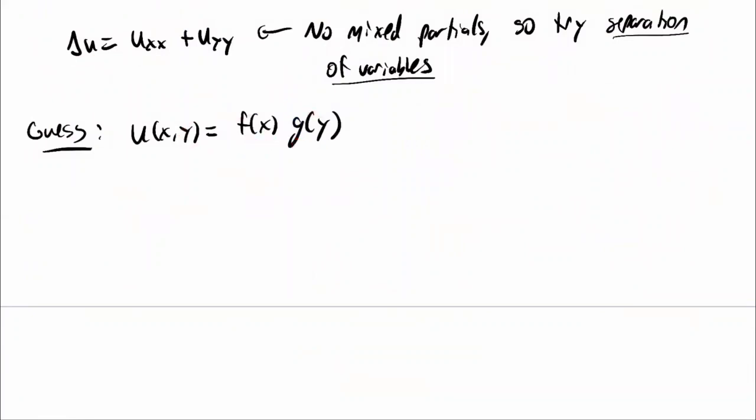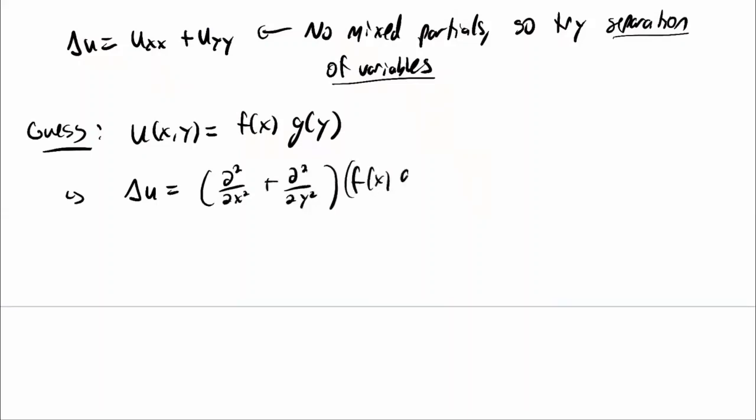What happens if I apply the Laplacian? So this tells me that the Laplacian of u is equal to the second derivative with respect to x plus the second derivative with respect to y of f of x times g of y. But the x operator here is only going to act on f, and the y operator here is only going to act on g.